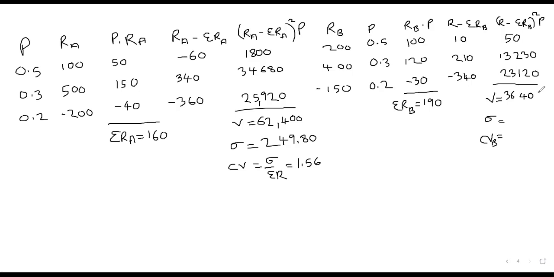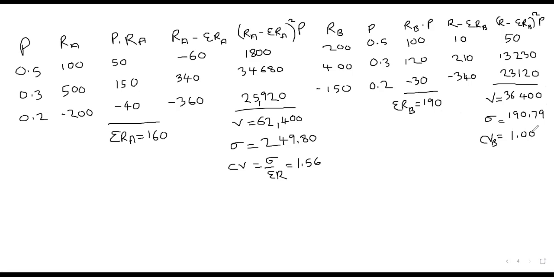And square root it, 190.79. We divide it by the expected return, what do we have? 1.00.